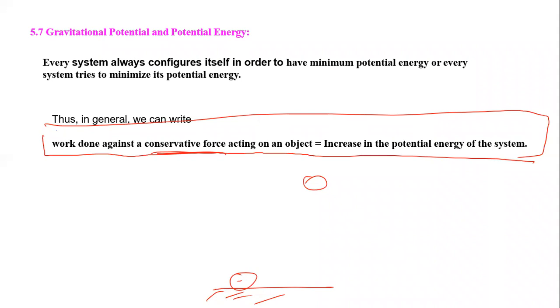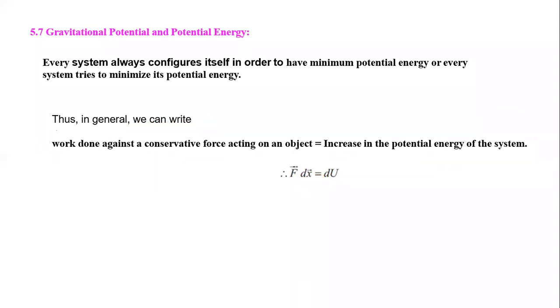Work done is force into displacement, so we can write work done is equal to F dx, which is equal to the increase in potential energy, which we write as dU. So we get this formula: work done by the conservative force is equal to the increase in potential energy.